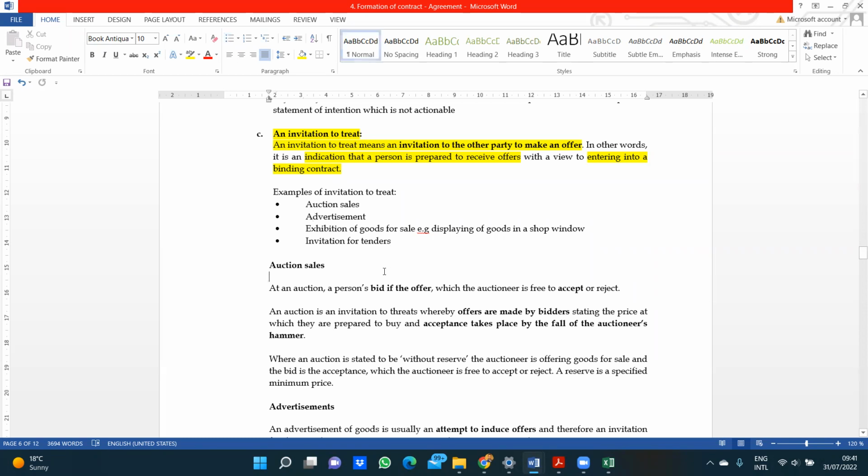All right, invitation to tenders. Tenders is where some people are invited to provide their best price, their terms and conditions to enter into a contract. This is an invitation to treat because the public is here to send their bids, the tenders.